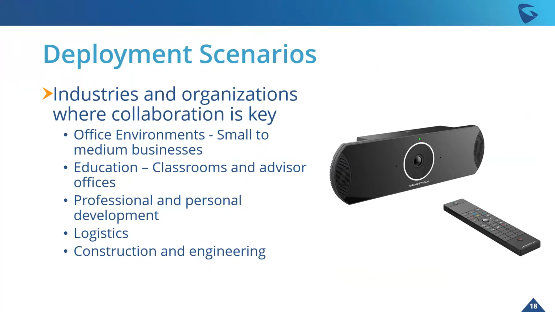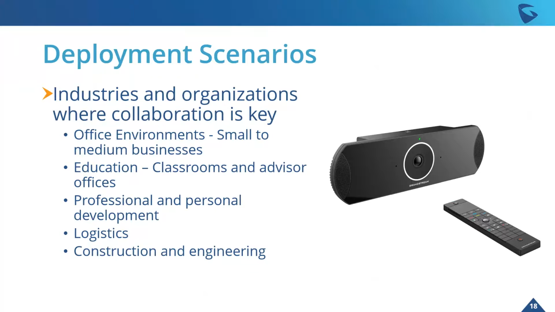All right, so into the actual deployment scenarios. You want to look for industries and organizations where collaboration is key. So office environments, small to medium businesses, education, so classrooms and advisor offices, for example.